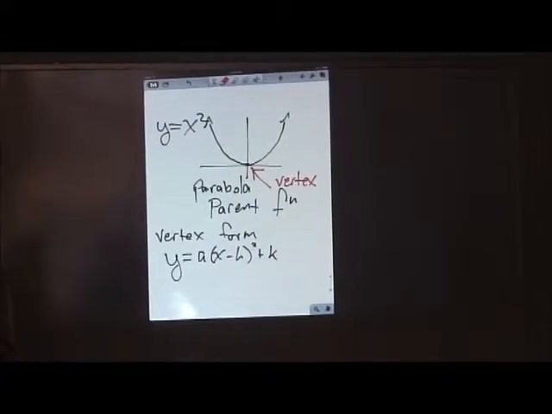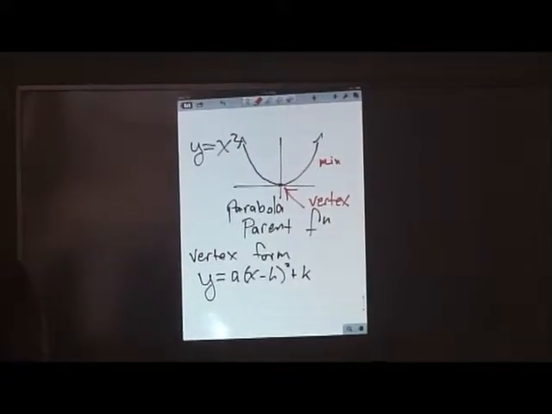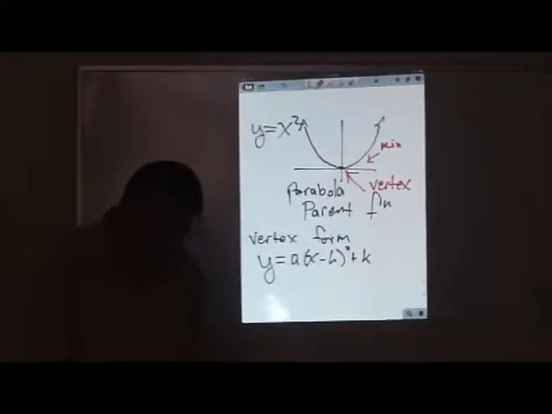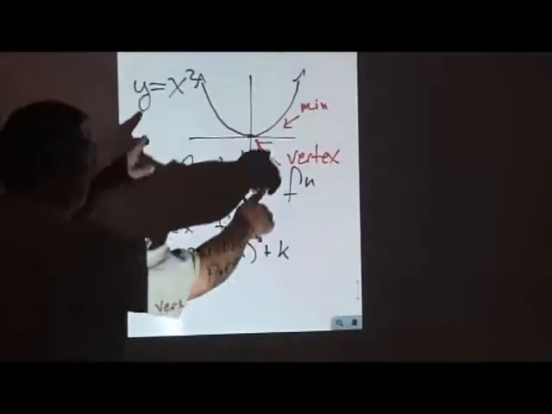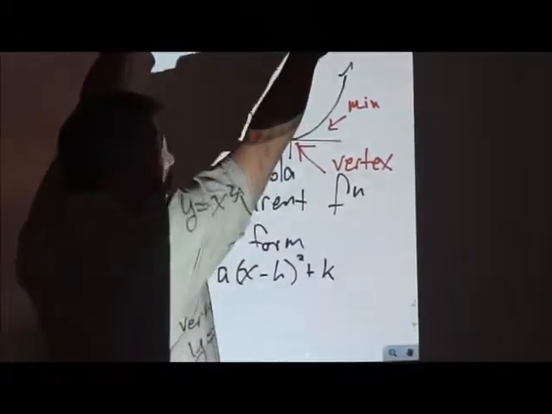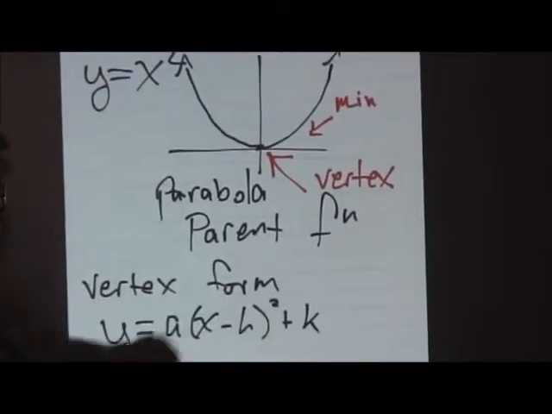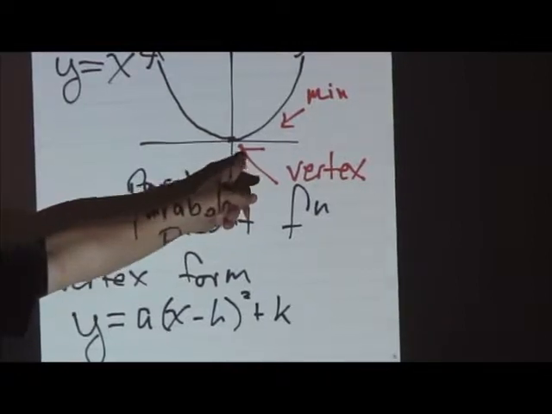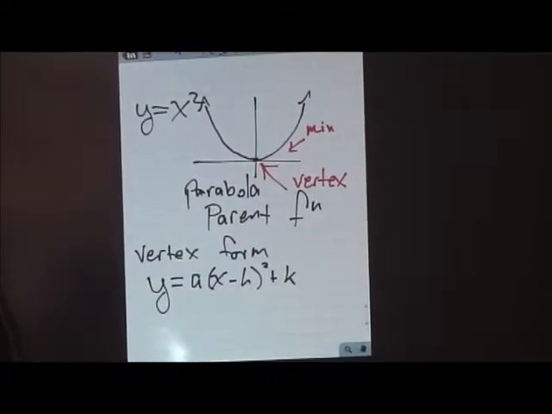In this case right here, it's minimum. So I'm just going to write min. And the reason why it's called min is because as we're looking at the parabola, all the points on the parabola are heading off to positive infinity from the left and from the right. The lowest point of the parabola is this point right here called the vertex, and that's the minimum point, okay?